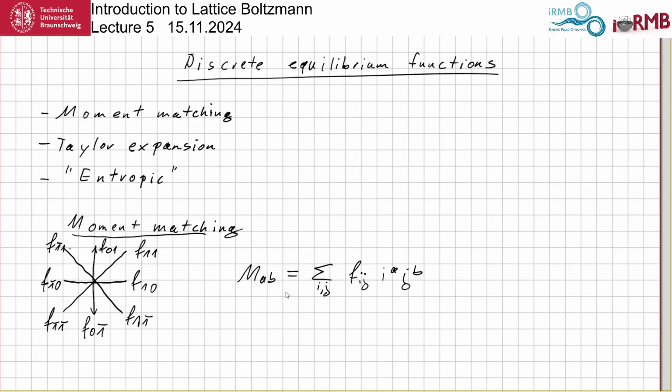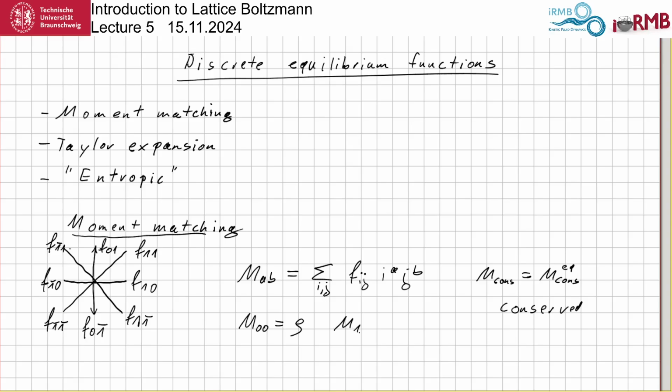So we are looking for the equilibria. If we have a conserved moment, then we know that the moment is equal to its equilibrium. So what conserved moments do we have? We have M00, which we call the density rho.